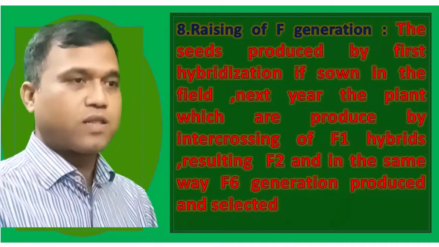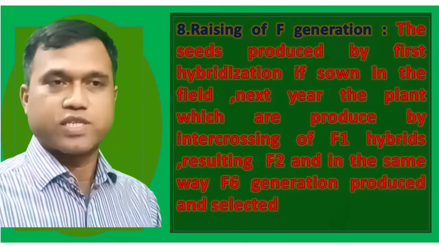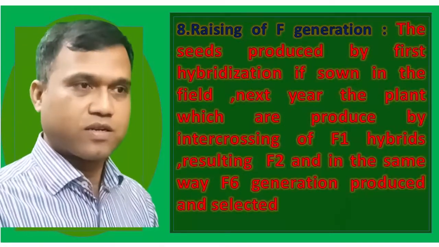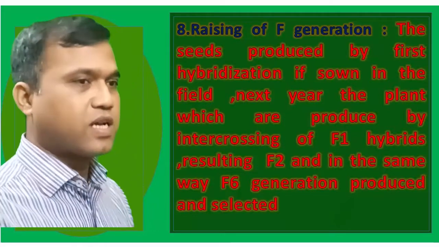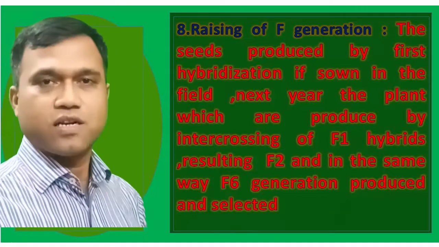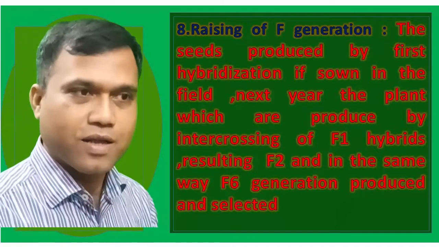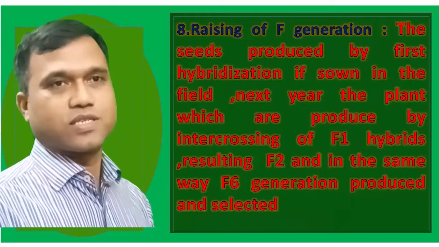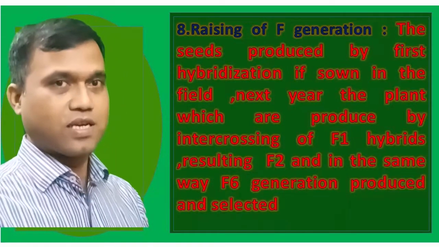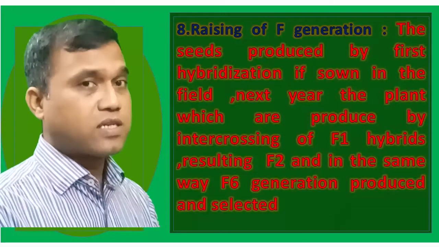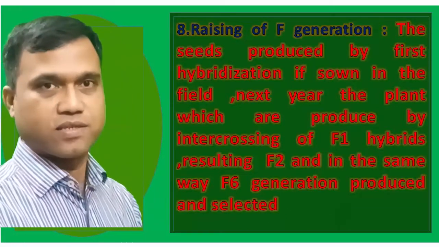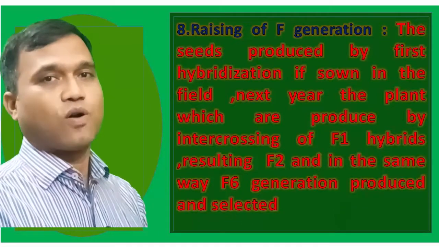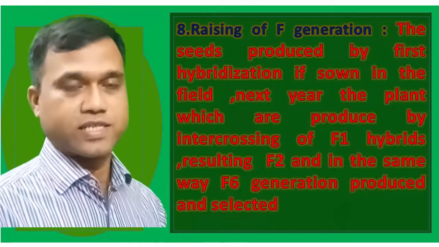Next year, the plants produced by intercrossing of F1 generation or F1 hybrids result in the F2 generation, or second filial, and in the same way the F6 generation is produced and selected as a new variety. And this is all about the process of artificial hybridization.